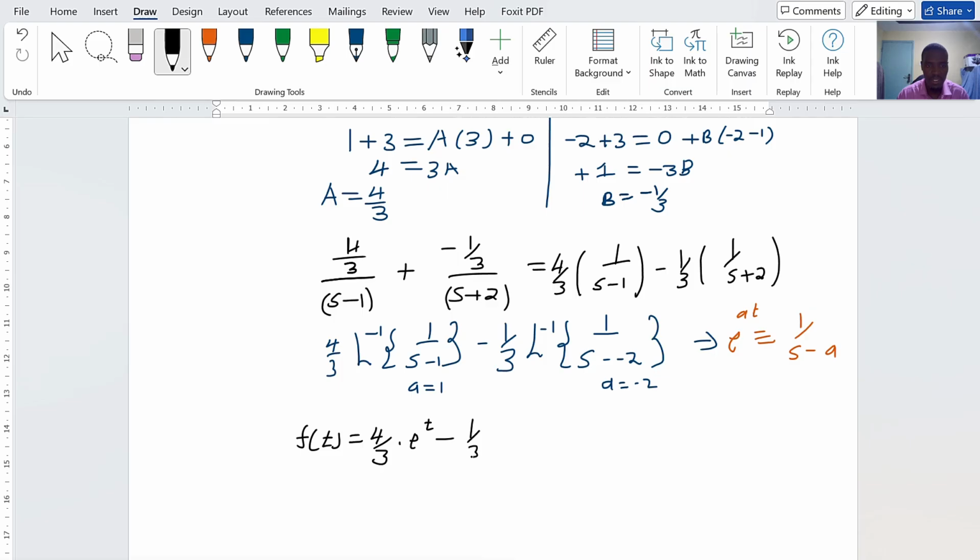Minus a third dot e to the negative 2t, because a is negative 2. So we go back from s minus a, it goes back here. So a is negative 2. I hope that is it. Yeah. We can simplify if you want, but I think that's all.